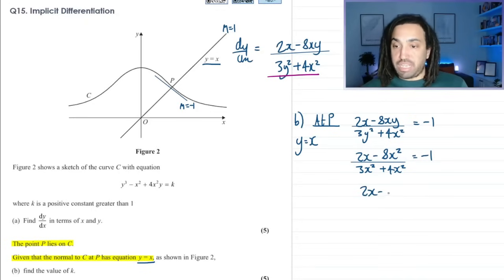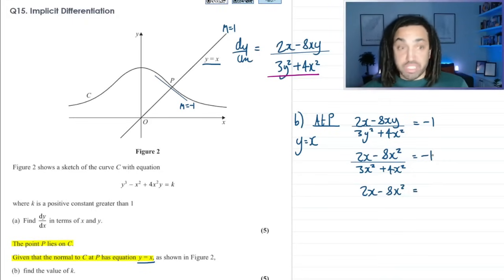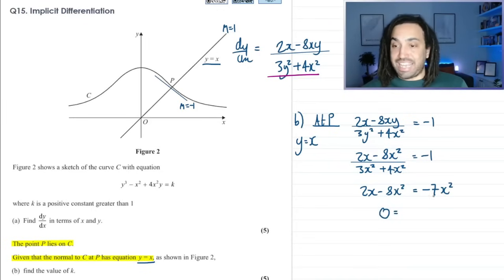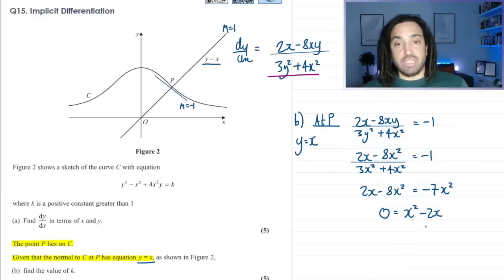So we get 2x minus 8x squared, and then this on the bottom is 7x squared. Times it up here becomes minus 7x squared. We could bring all the stuff over to the right hand side. So add the 8x squared gives us 1x squared, and minus the 2x gives us 2x.